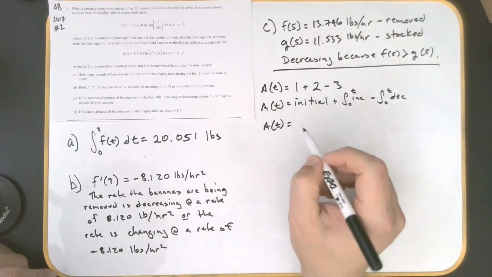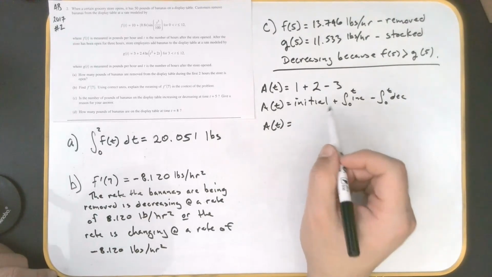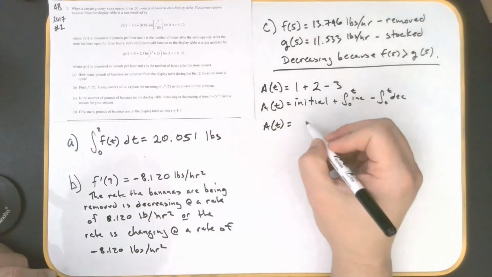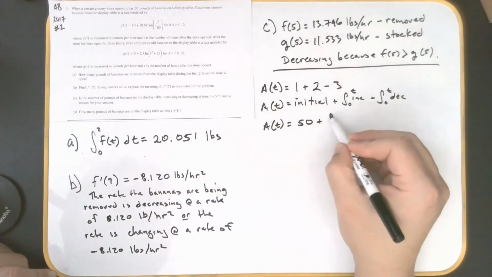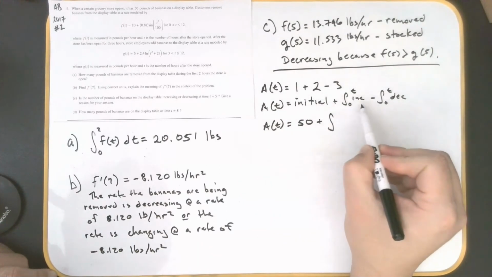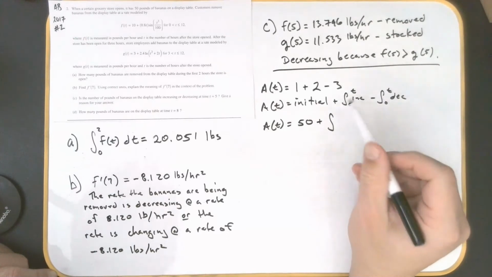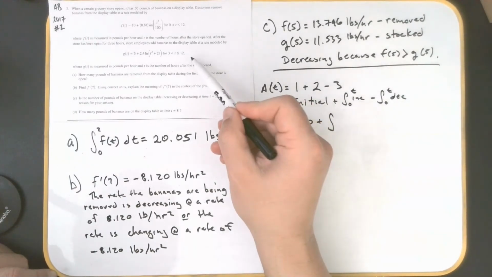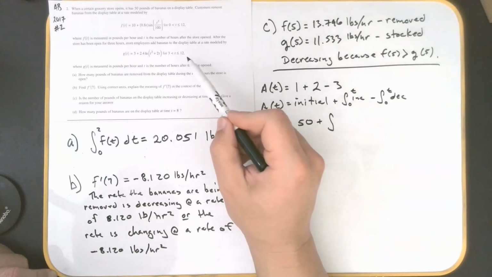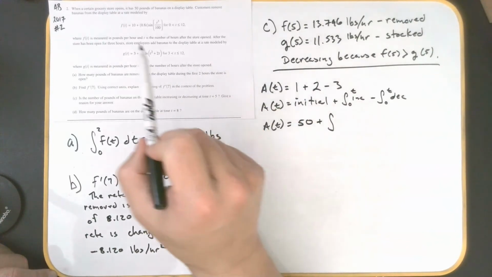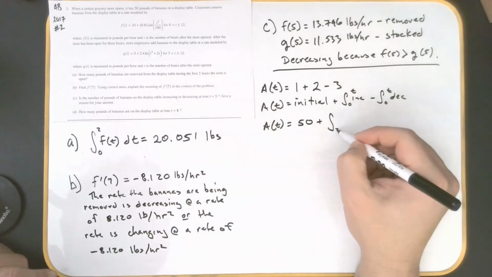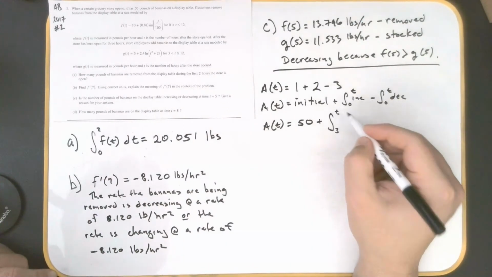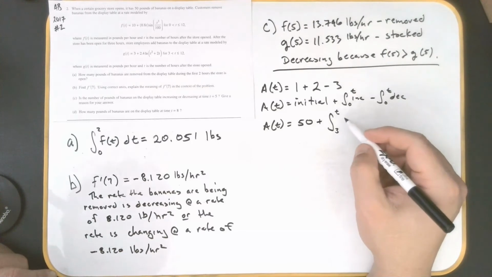So A of t is equal to the initial amount. Well, the question says it has 50 pounds of bananas on the table when the day begins. Then we're going to put the amount that's increased. Now you got to be careful. The amount of increase was the information for g of t. So that was the second function. But what's also tricky is it only starts after the third hour the store is open. So from 3 to I don't know when, this would be the g function.